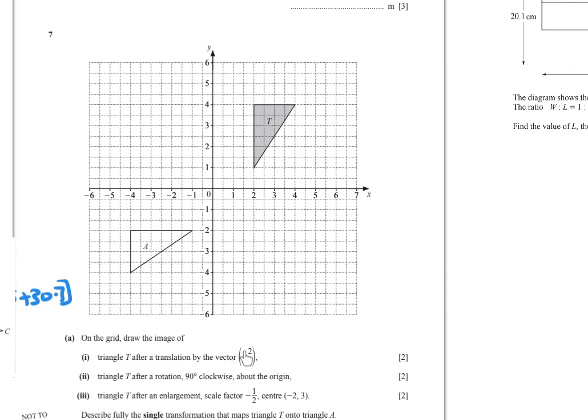Number 7. On the grid, draw the image of triangle T after a translation by the vector (2, -1). This means 2 to the right and 1 down. So you can start with this point, 2 to the right, each small square represents 1. So 2 to the right, this means 1 and 2, then 1 down. So this is the image for this point.